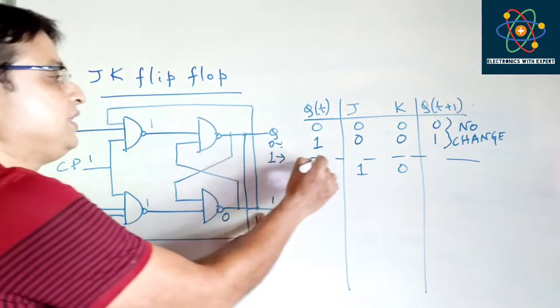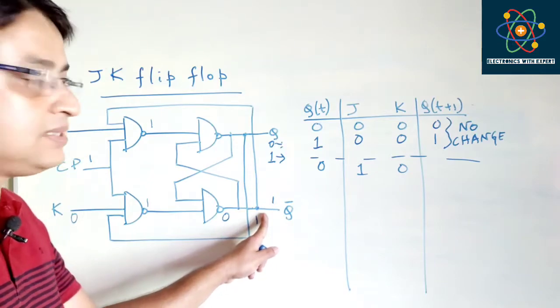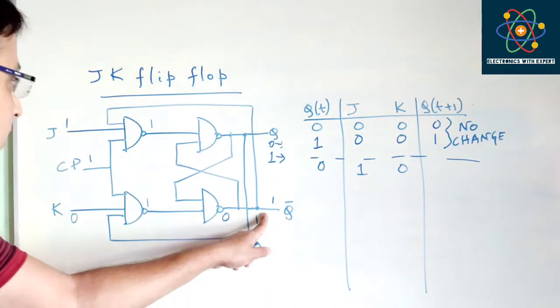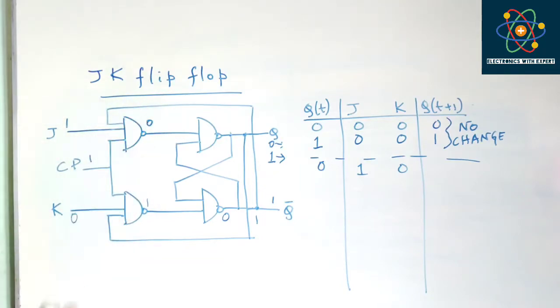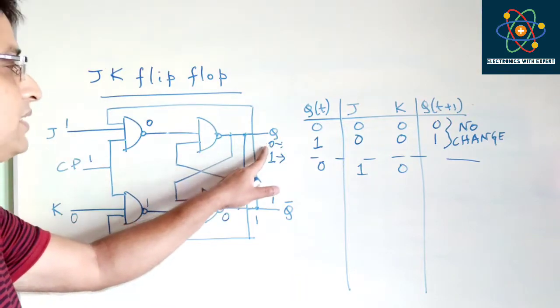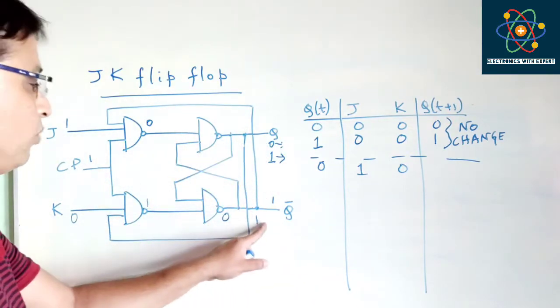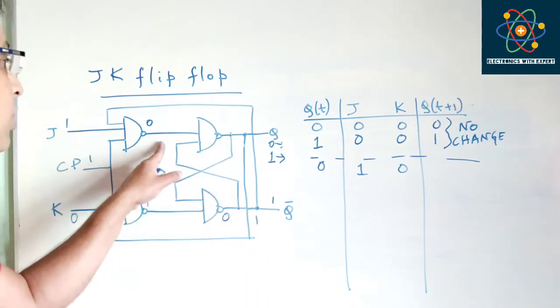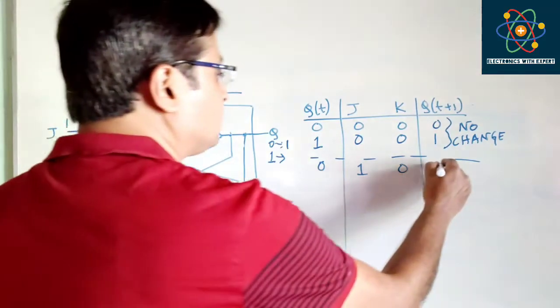So if Qt, the previous state output, was 0, that means Q bar was 1, and all of the 1s make this NAND gate output equal to 0. And for this NAND gate, since K equals 0, the output should be 1. Now for the previous state output equal to 0, it makes 0 and 1 equal to 1, and 1 and 0 makes this Q output, the next state output, equal to 1.